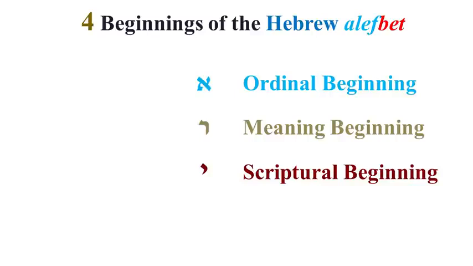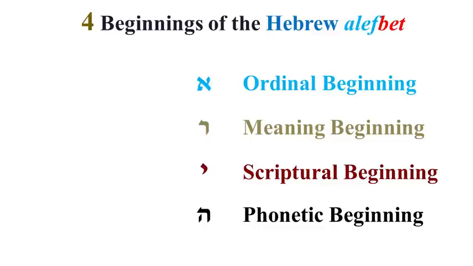Because if you're going to script it, if you're going to write it, as soon as you put your pen down on paper, that first dot you make is a Yod. So you cannot write the Torah without first making a Yod, because Yod is represented by a dot or a little, right? It's a teeny tiny little thing.